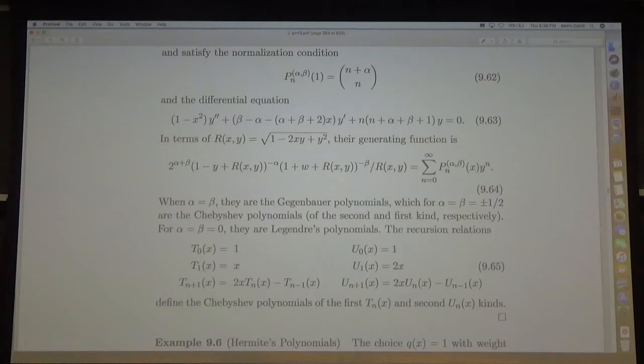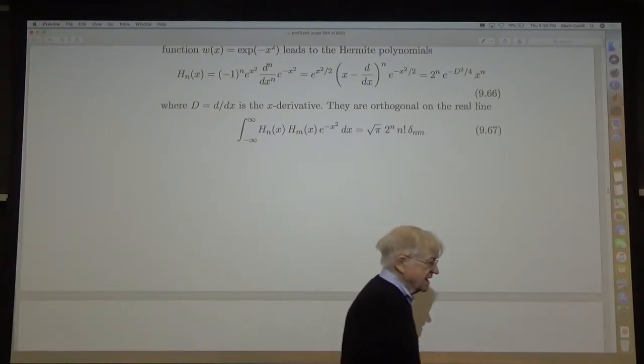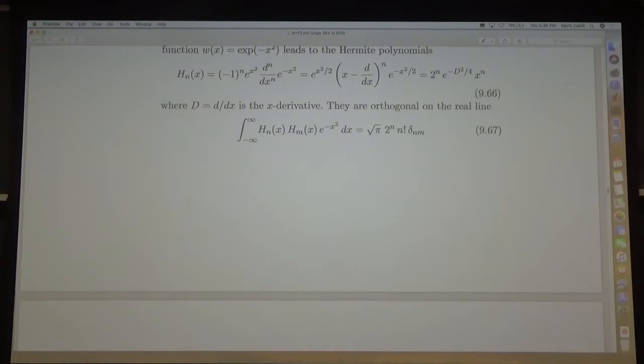So that's really quite remarkable. What you also have here are the Hermite polynomials, and there the weight function you see is an exponential, e to the plus or minus x squared.